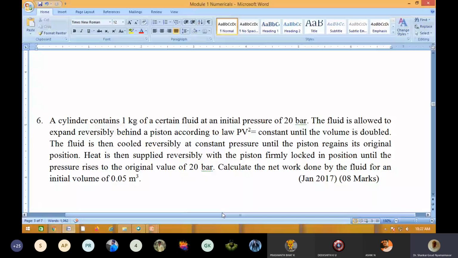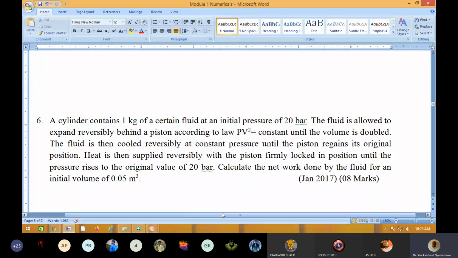At the end of process 2, pressure will be P2 only, right? So I call initial pressure P1, volume V1. The end of first process I call P2 V2, right? Then the end of second process I call P3 V3, right? So P3 is equal to P2, okay? V2 is equal to 2V1, clear?